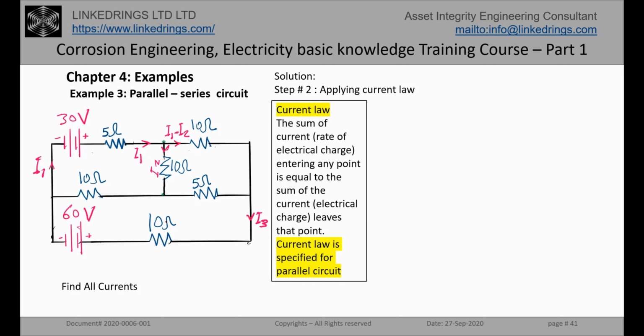So this current will be equal to I1 minus I2 minus I3, because I1 minus I2 is divided into this current and this current. Again, this point has two currents, I2 and I1 minus I2 minus I3. So the summation of I2 and this current, I2 will go with I2, will equal I1 minus I3.